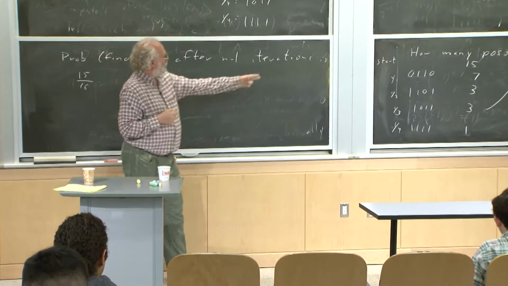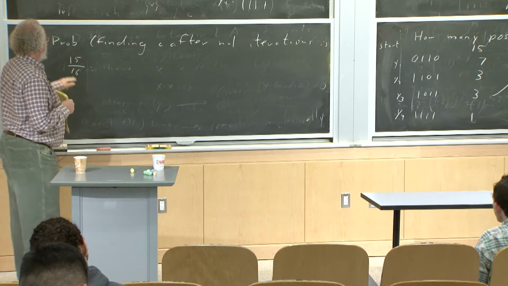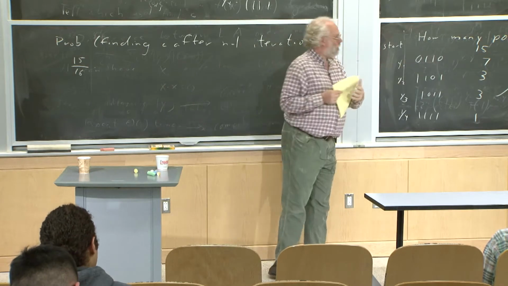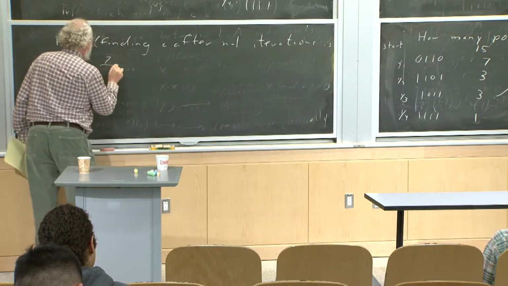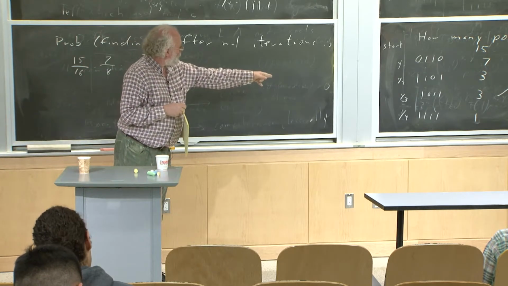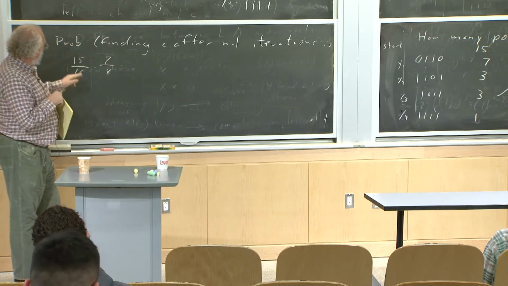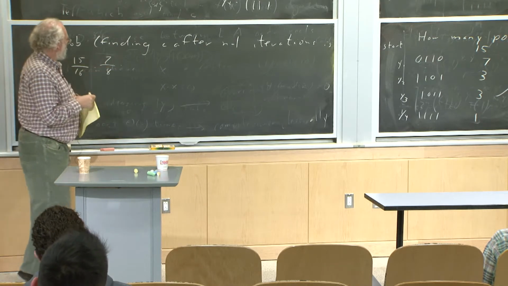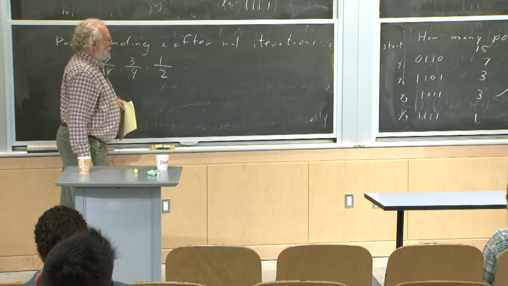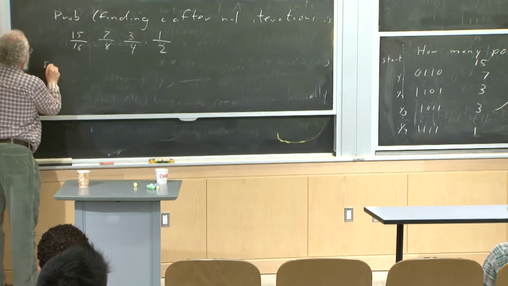The second time, there are now 2 vectors that don't help us, because there's an all zeros vector and y1. So that's 7 out of 8 times. Now the third time, there are 4 vectors that don't help us. So this is 3 out of 4 times 1 out of 2.